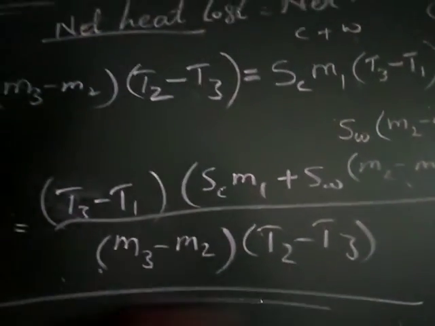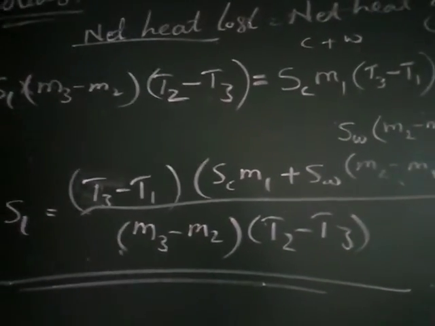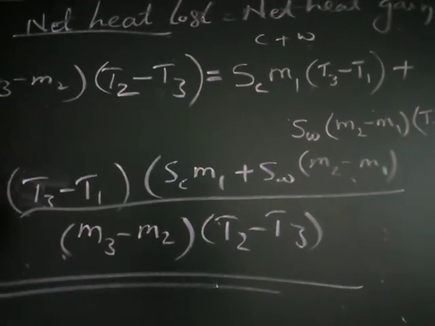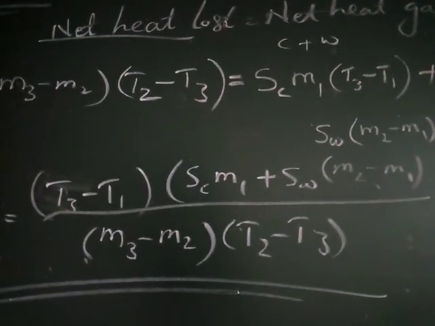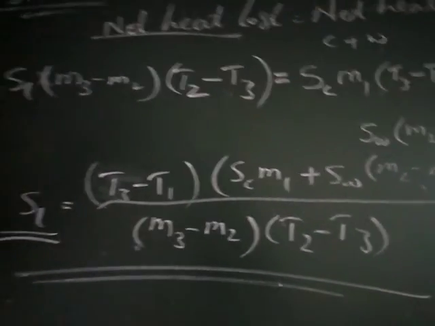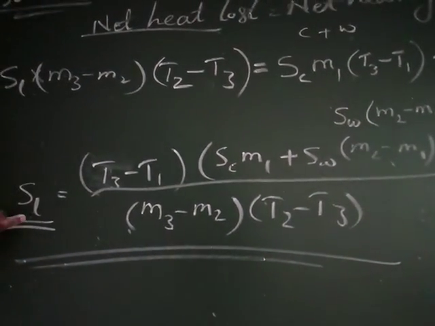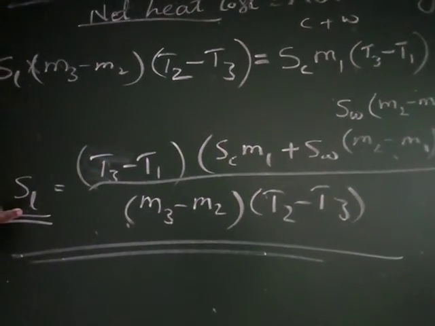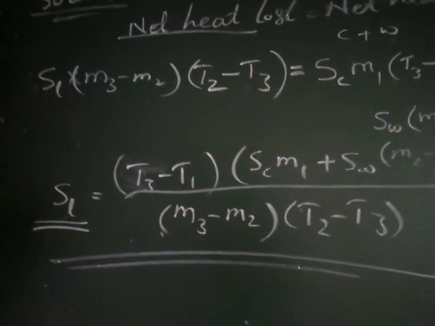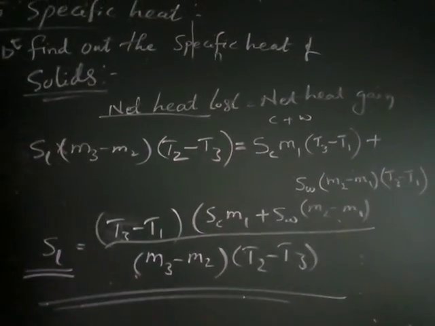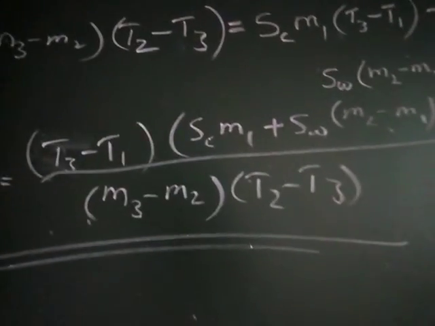This is the specific heat of solids. That means if you take lead shots here, you will get SL. Suppose you want to measure the specific heat of another solid, we can use that solid substance only, and we will get the specific heat of that substance. This is about finding out the specific heat of a solid substance. Okay, thank you.